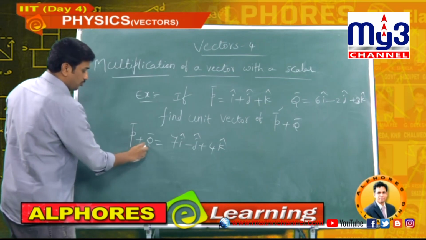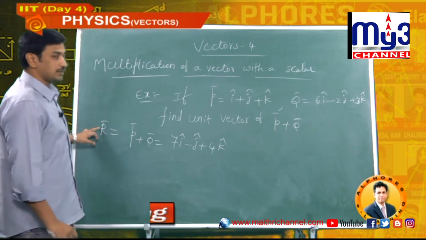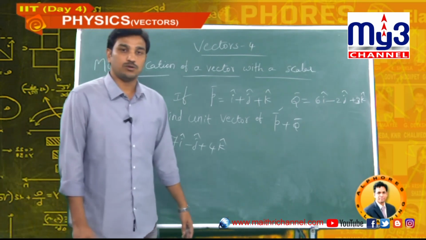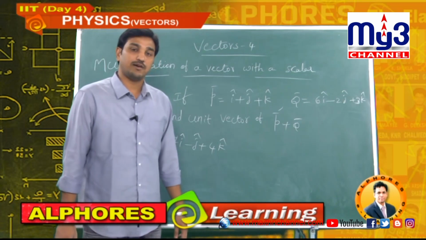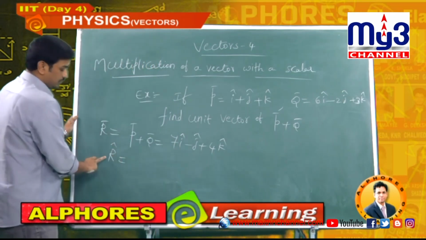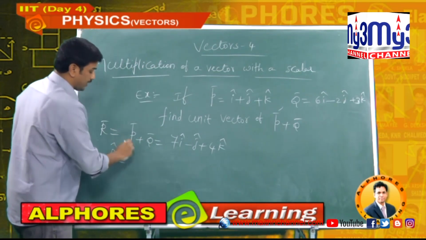Now can I take p bar plus q bar as r bar? Now r bar is nothing but p bar plus q bar. Now we know how to calculate the unit vector of a vector. Now r cap is the unit vector of r bar.